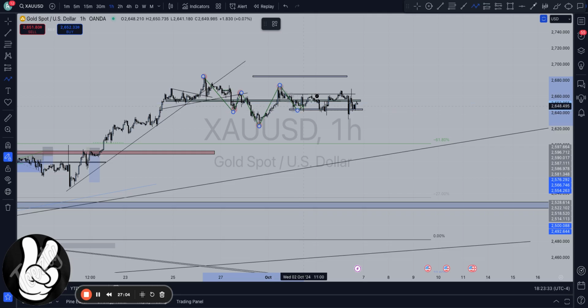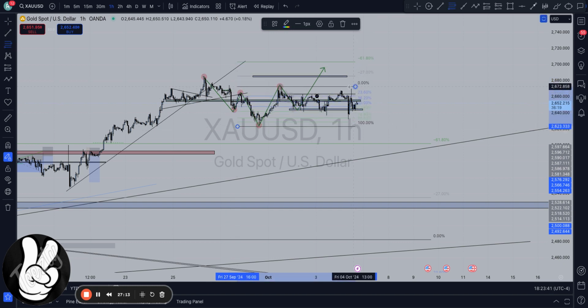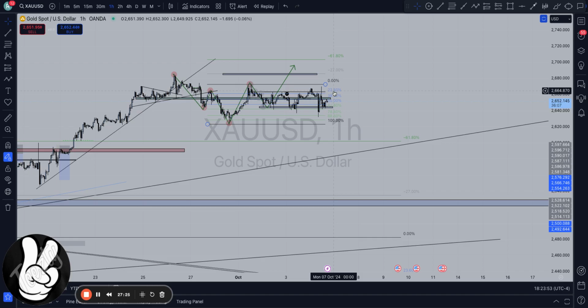So I want to see something like that. I want to see if this fib structure plays out because we did break this level of resistance with a brand new impulse. So we have this impulse, this correction. I want to see if this continues. This is the 1 hour time frame.